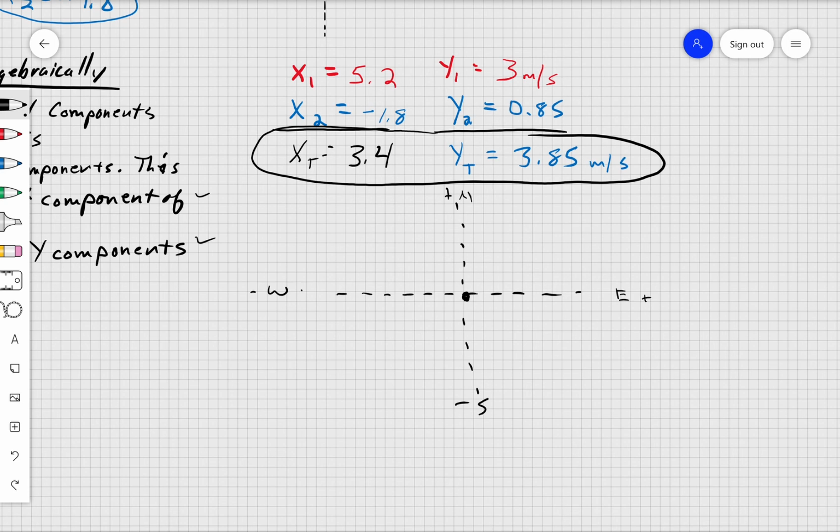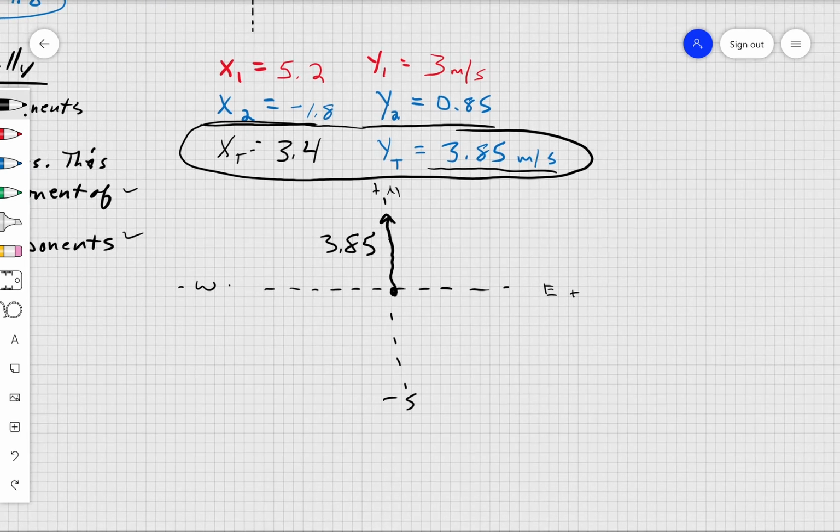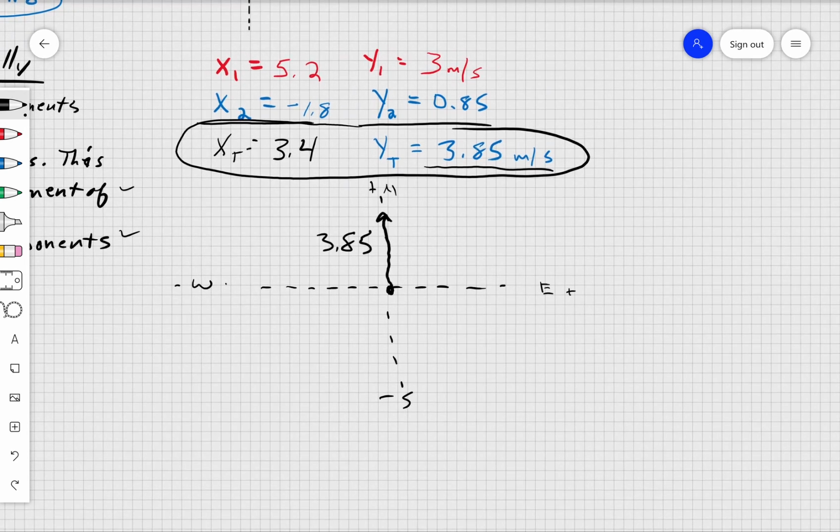Let's start with the y. We're going to go in the y direction for the y-axis in the positive direction, 3.85. So there's 3.85. And then we're going to go in the x positive direction, 3.4. And here is my resultant.